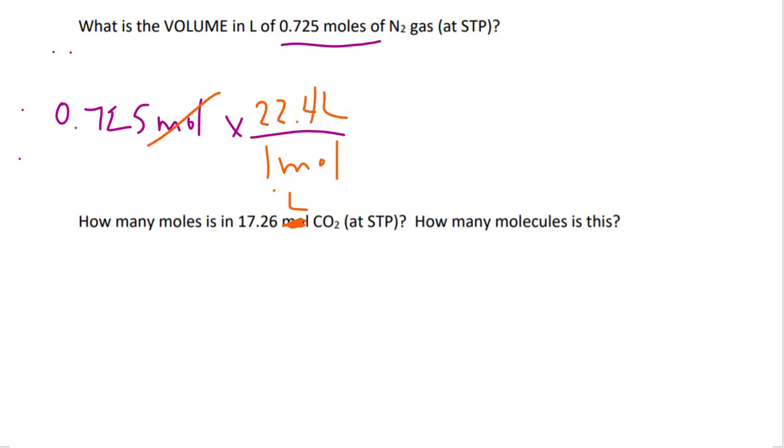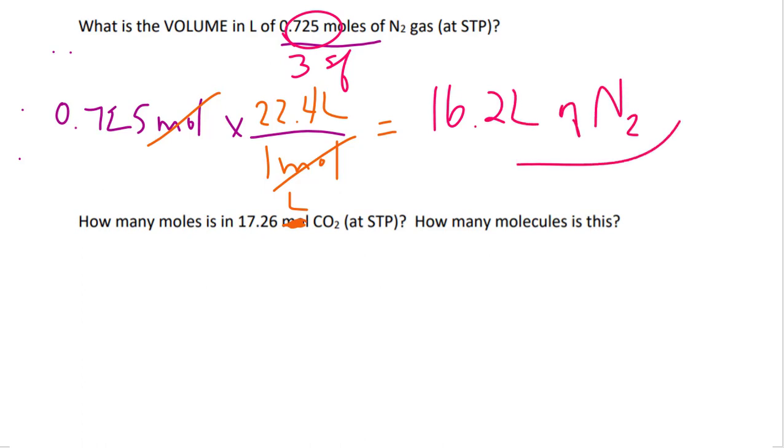And again, I need to make sure that moles and moles are diagonal from one another so that they cancel out. So now we just need to plug it into my calculator and do 0.725 times 22.4. And we look, I have 3 sig figs here, so I need to have 3 sig figs for my answer. So it should get 16.2 liters of N2 gas.